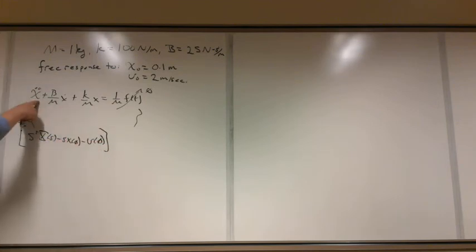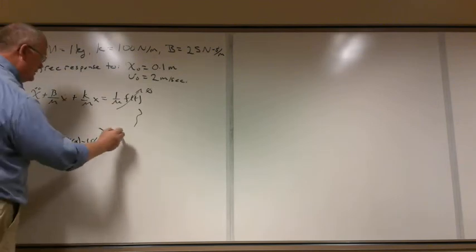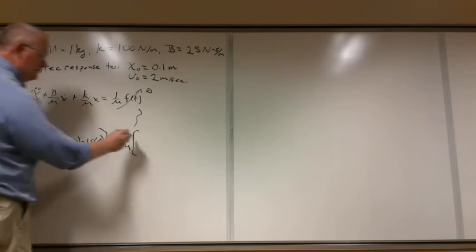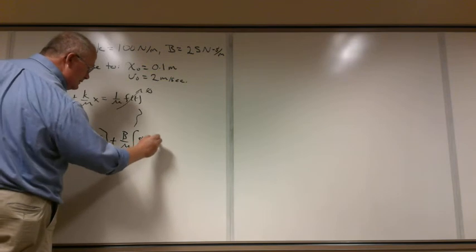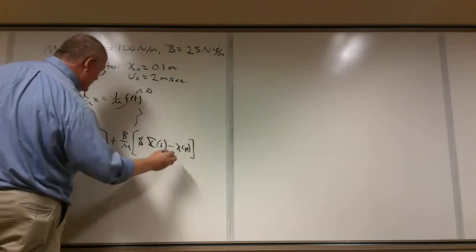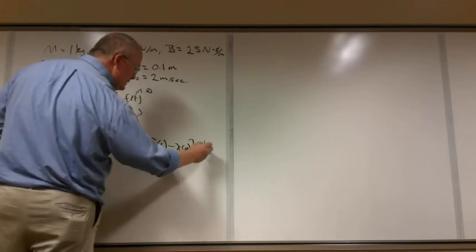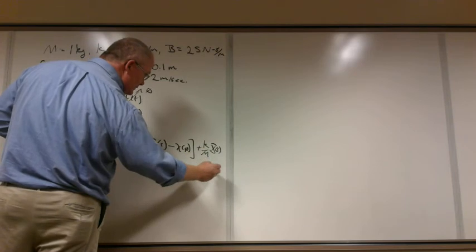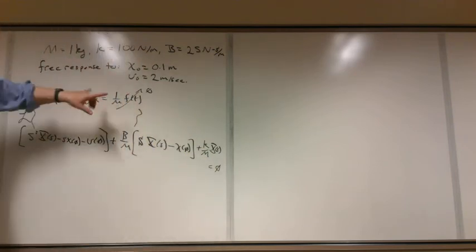That's the Laplace of x double dot plus b over m times the Laplace of x dot, which is s x of s minus x of 0. And then we have plus k over m x of s is all equal to 0, because the Laplace of 0 is, what do you know, 0.